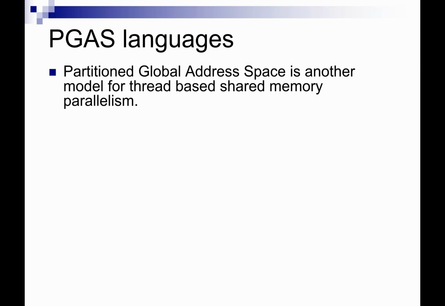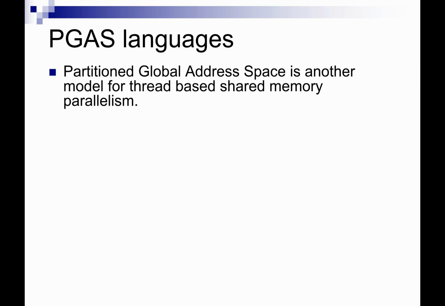So the idea for PGAS is to take this entire chunk of memory and bind each thread with the memory that it can access most quickly. There's some subset of the memory space that each thread can access most quickly, and so we want to take the entire address space, partition it, and give each thread the part of the memory that it has the fastest access to.